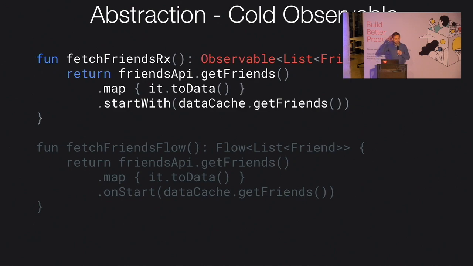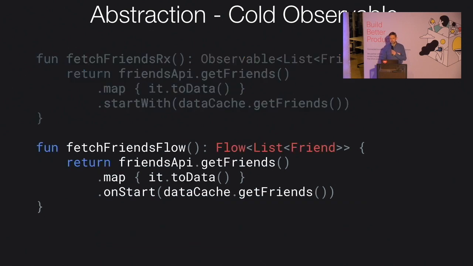This is essentially called a cold observable because it only returns two values. One is going to return the cache, and then it's going to return the real value. So you're going to update the UI with whatever's in the cache, then it's going to come back and update with the value from the network.